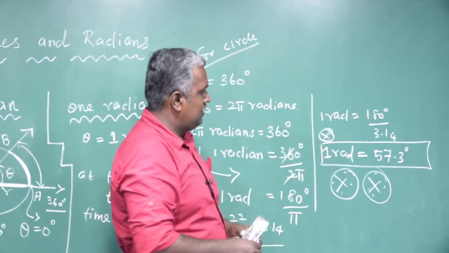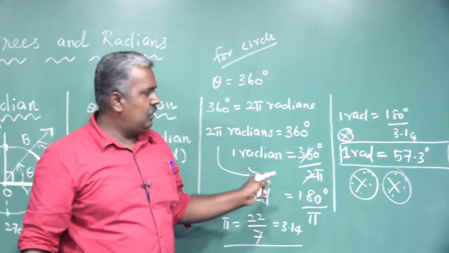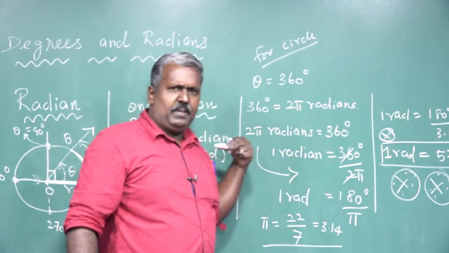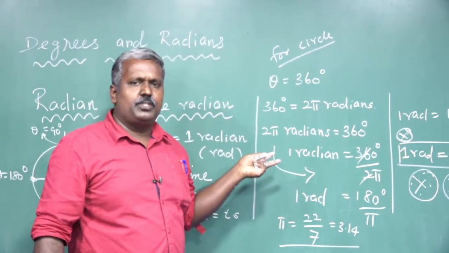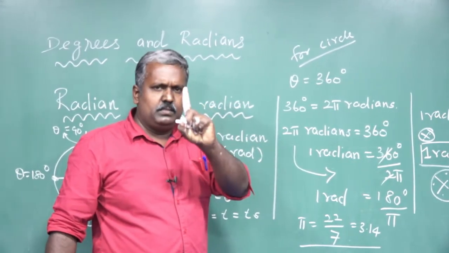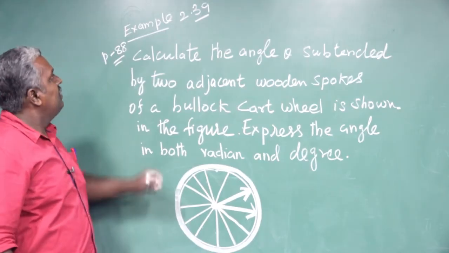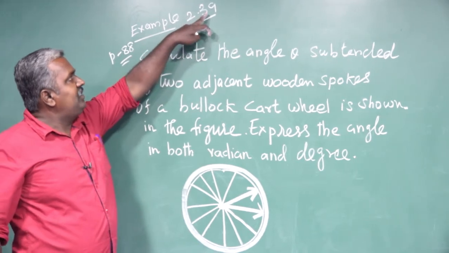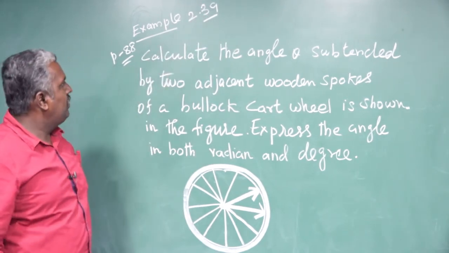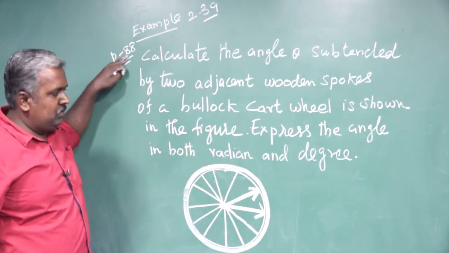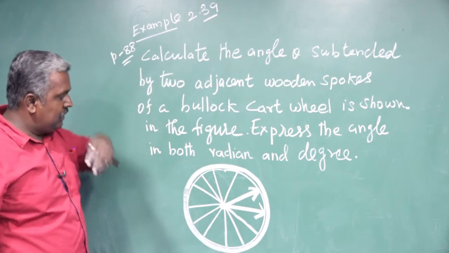Very important. Then, based on this topic, now we are going to discuss one very, very important example problem. Listen. Example problem 2.39. Take your textbook, page number 88. Simplest problem this.